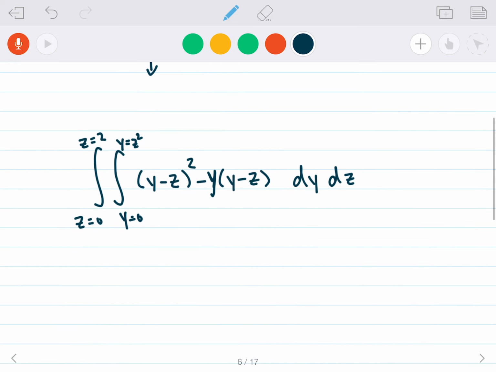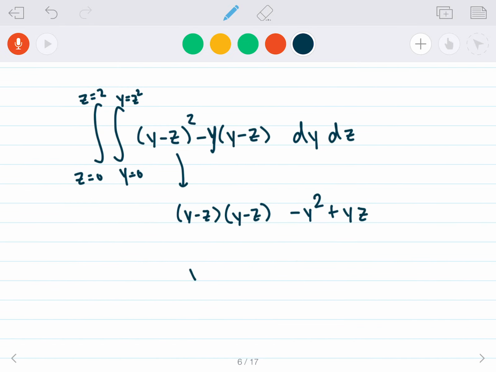So (y minus z) squared gives me y squared minus 2yz plus z squared, and then the minus y times (y minus z) is minus y squared plus yz.